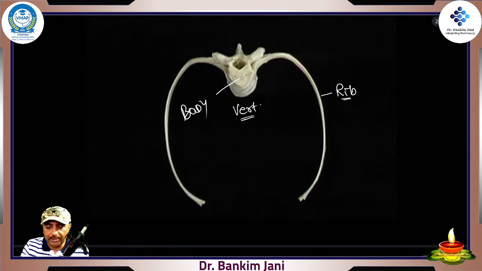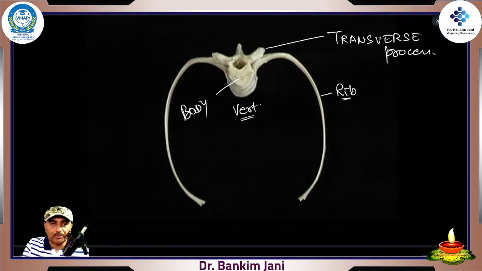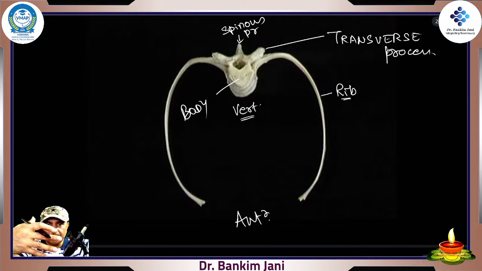This one is called the transverse process, right? And on the back side, we have got the spinous process. So this is the spinous process. So obviously this is anterior, right? Because ribs come like this, right? So that is anterior, and this vertebra is back. So that one is posterior.